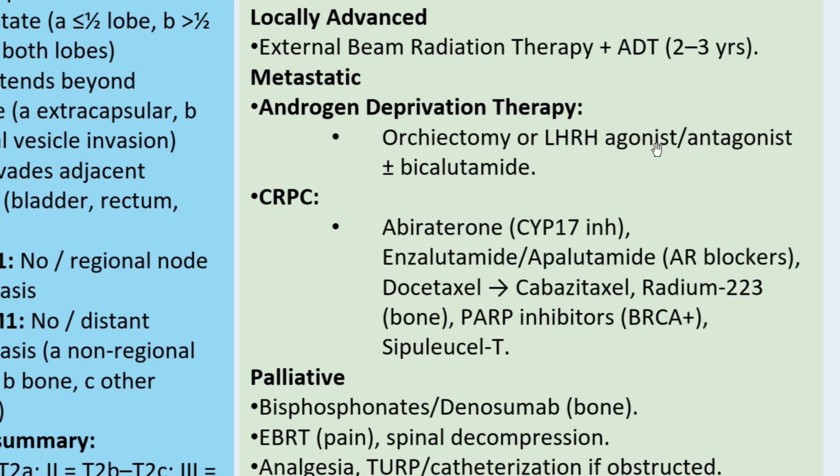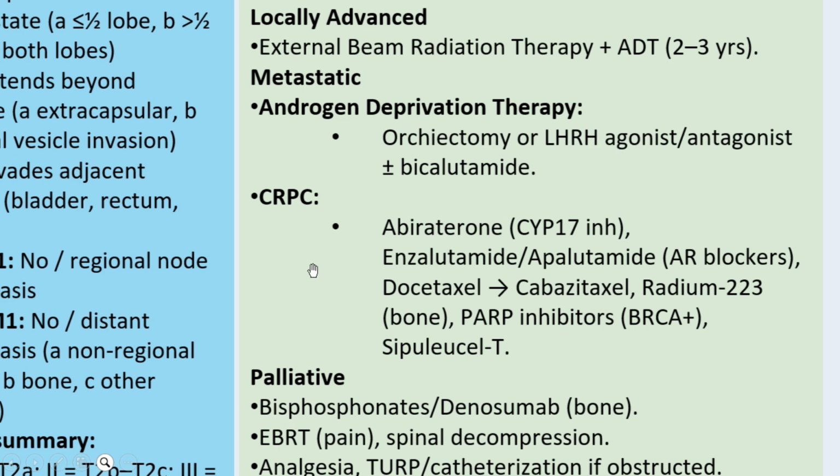The problem with the agonist is that we have a flare-up. When you first start giving therapy, there can be an increase in luteinizing hormone, which will worsen the disease for a while before it begins to go down. So you should be careful when you are considering using a luteinizing hormone releasing hormone agonist.